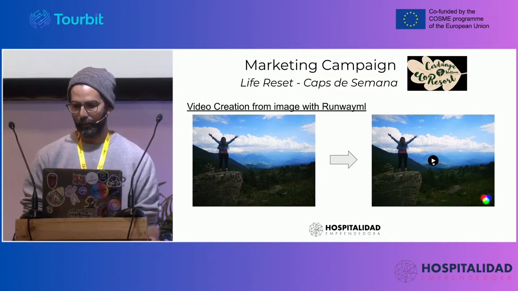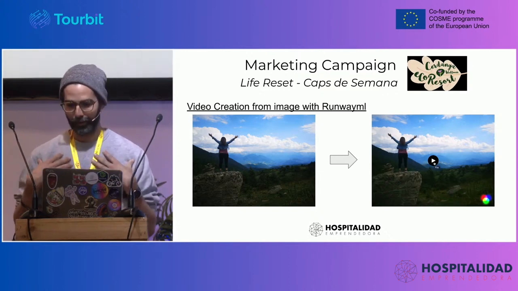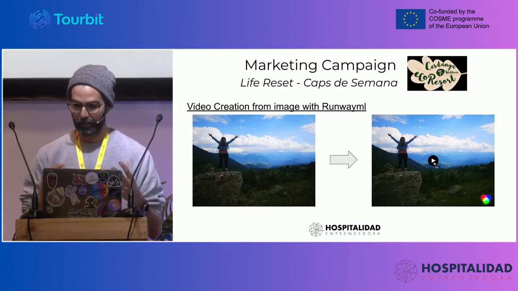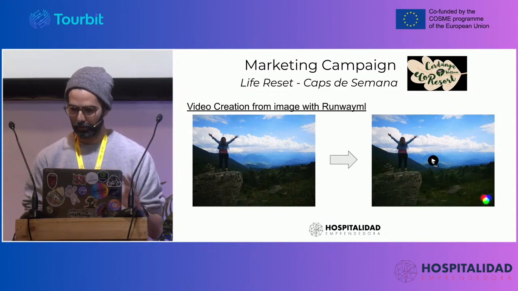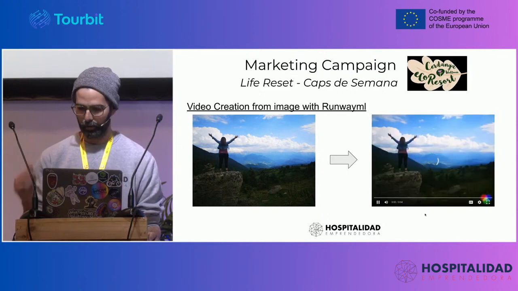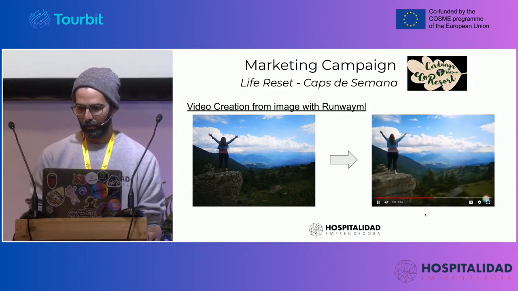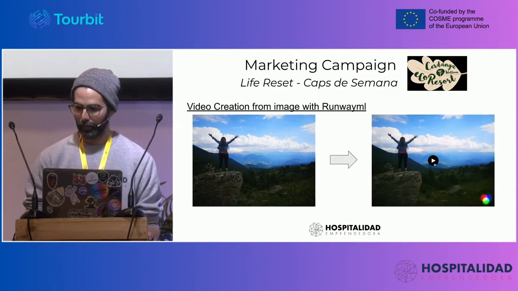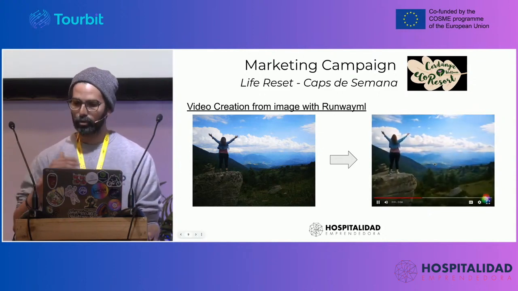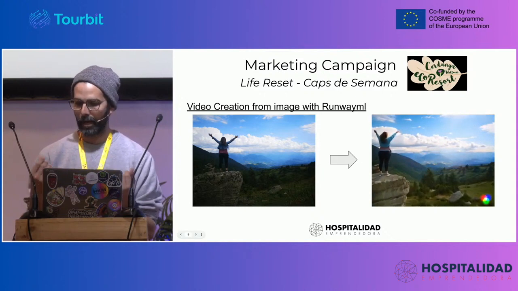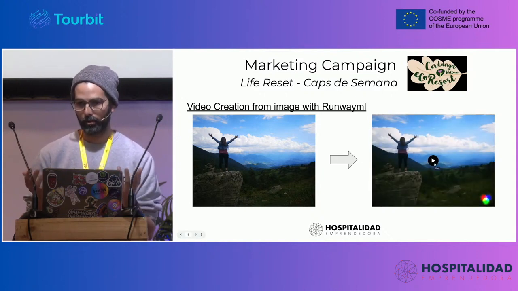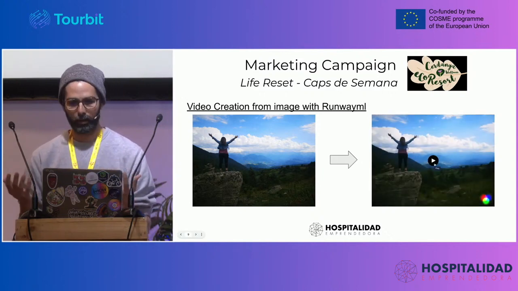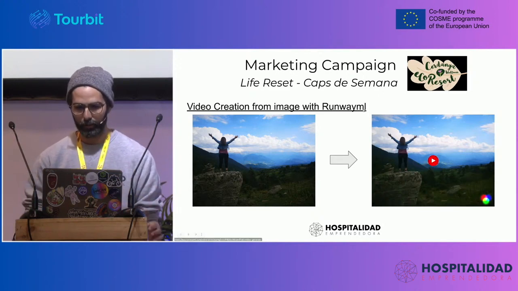I'm not an expert. I'm not, how you say, a designer or anything. There's better ways to do it, but just so you see, and now I'll show you how to do it. Of course, you can see that the body changes shape and it's kind of weird, but you're making the clouds move. You're giving a little action to a still image. You can come up with a use for that, probably.